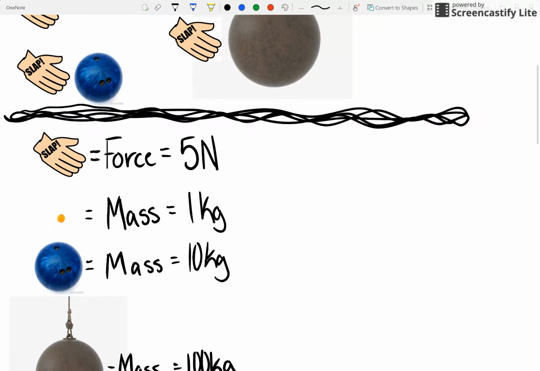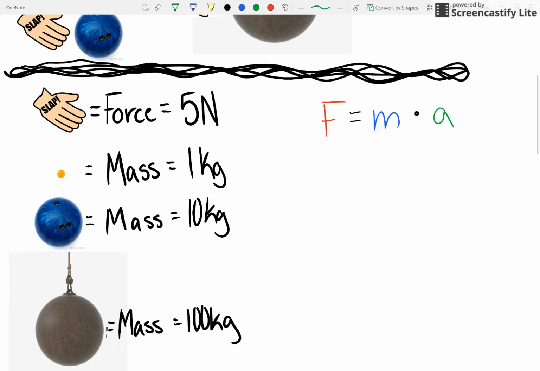Let's check that out with the math. So, if you remember, we have force equals mass times acceleration. In this case, I have the same amount of force each time. My force has stayed constant. So if I want to know how fast maybe this ping pong ball accelerated, it's totally possible.